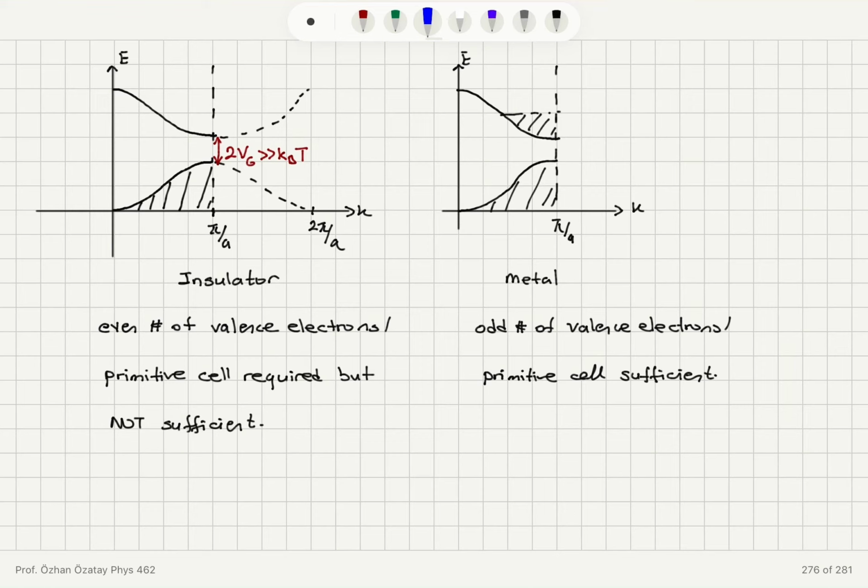So if the thermal energy is not high enough to excite electrons from the valence band to the band above it, which would be the conduction band, this would be an insulator.